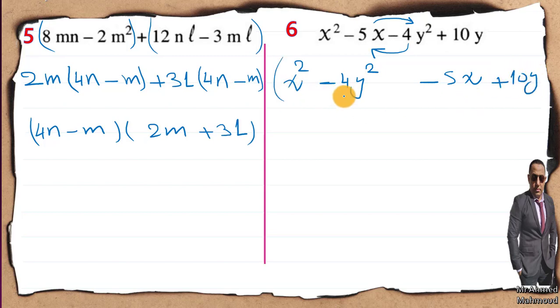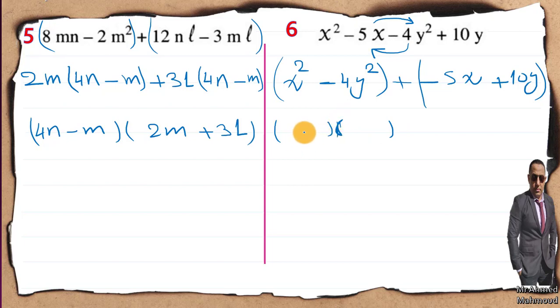I'm going to take this one as a group and this one as a group and plus in between. In the first group I don't have a common factor, but I can factorize this one as a difference between two squares. And here I have a common factor, negative 5. So I'm going to factorize this expression like this.